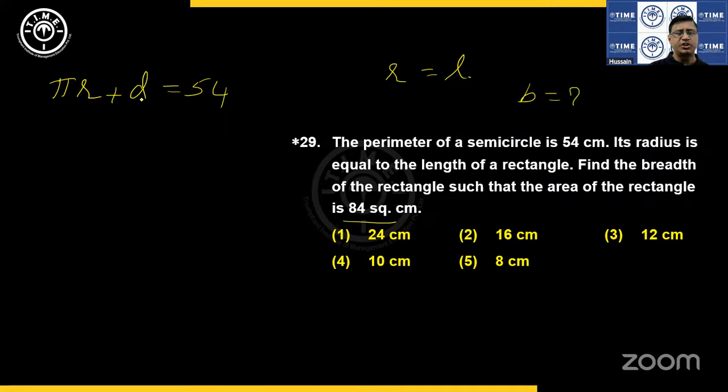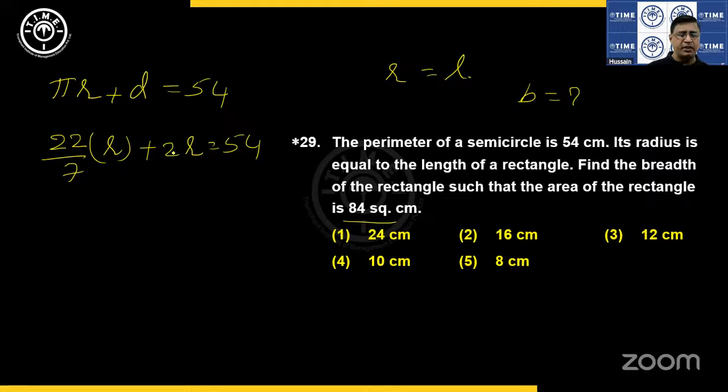Now, what is the discussion here? Pi, that is 22 by 7 into r plus 2r is equal to 54. Okay.